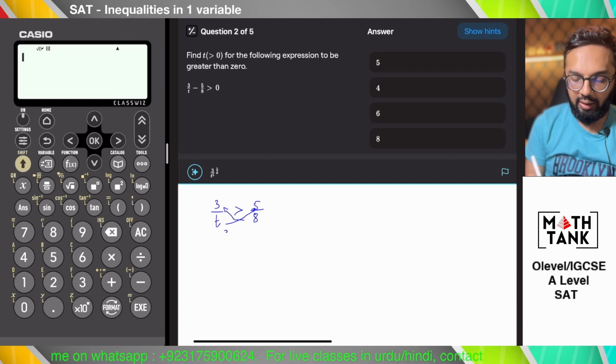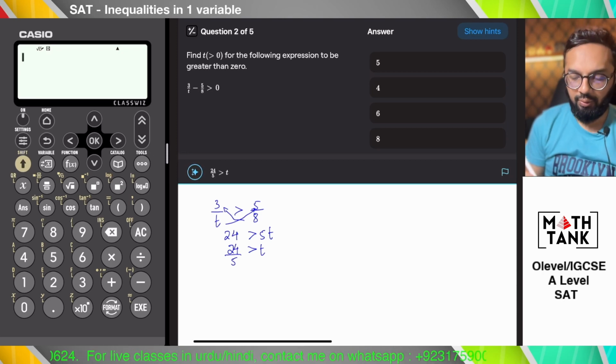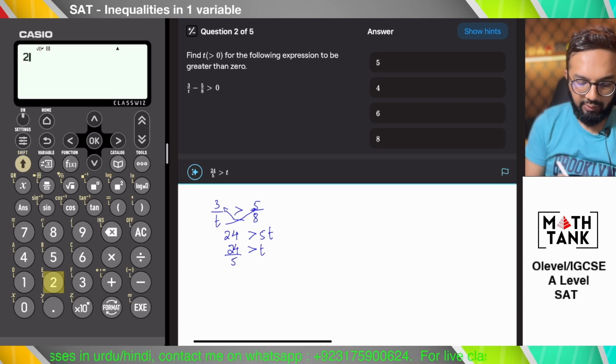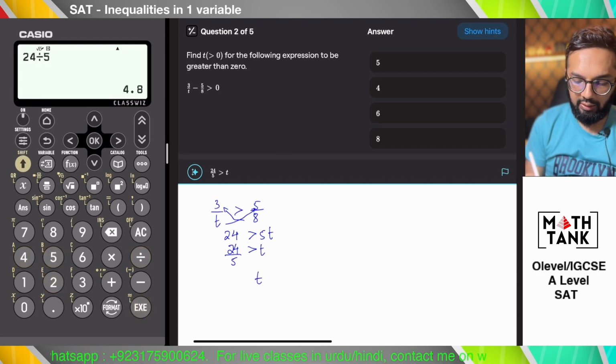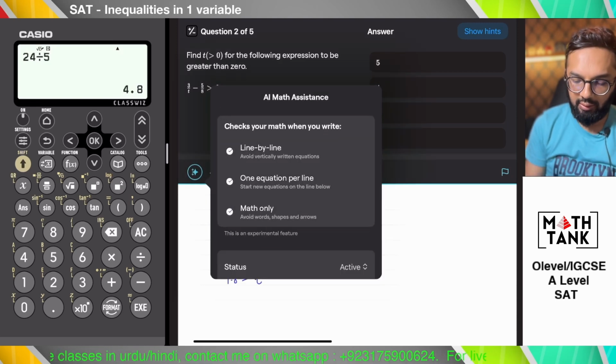So I get 3 times 8 is 24, and greater than 5t. Then 5 gets divided on the other side. 24 divided by 5 on my calculator is 4.8. So t is less than 4.8.